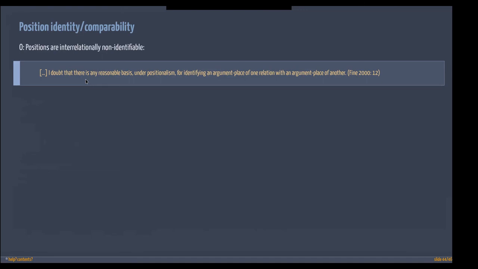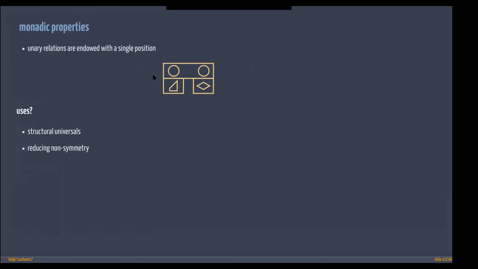And I think I need it for my account, at least for the repetition of positions within these complexes as I've presented it. And well, maybe a minor extension that I have in mind. Why not think about unary relations, also known as properties, in terms of positions, as just having one position?